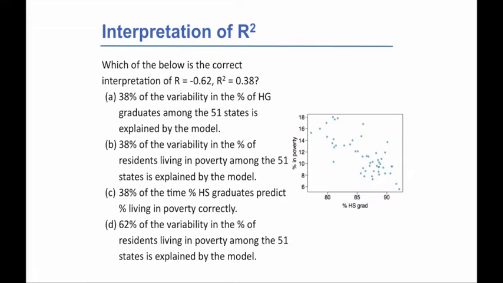So, the correct interpretation of R equals negative 0.62, R squared is 0.38: 38% of the variability in the Y value, the response variable, the percent in poverty, is explained by the model, or explained by the percent of high school graduation.